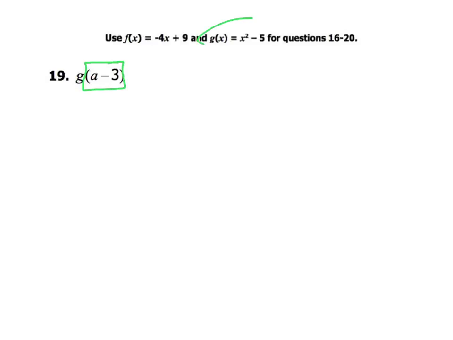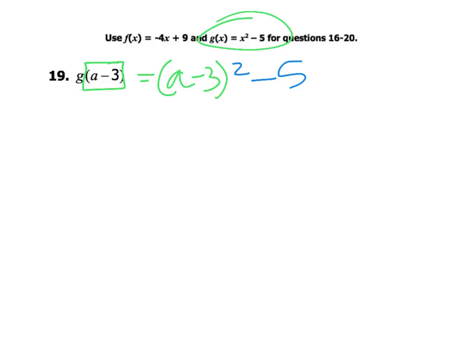So we're going to use our g of x function, and every time we see an x, we're going to plug in parentheses a minus 3. So we say it equals x, so we plug in a minus 3 every time we see an x, and then squared minus 5. Now, with a minus 3 squared, we cannot just distribute the 2 to the a and the 2 to the -3.